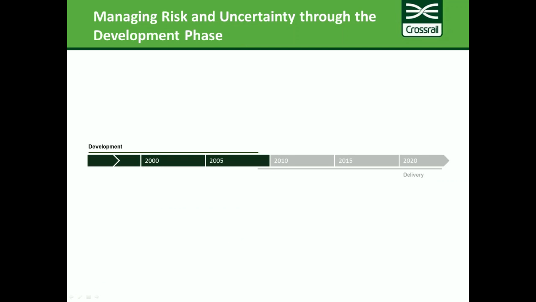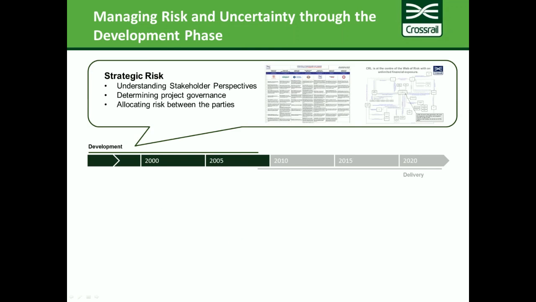So going back to the timeline, I said that my time at Crossrail was predominantly post 2009, but there was some significant and really good work done in risk management in the development phase prior to 2009. Particularly, three areas I've highlighted here. One was in a strategic risk capacity, and quite a lot of strategic thinking was done in those early stages of the project to understand the different perspectives of the different stakeholders involved.